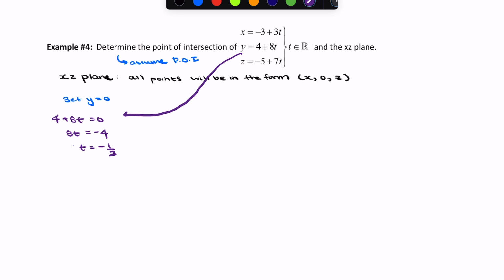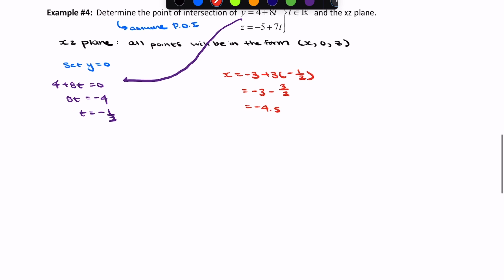Now we can sub this into our other equations. We get x is equal to -3 plus 3 times -1/2. That gives us -3 minus 3/2, which is equal to -4.5. For z, we get z is equal to -5 plus 7 times -1/2.